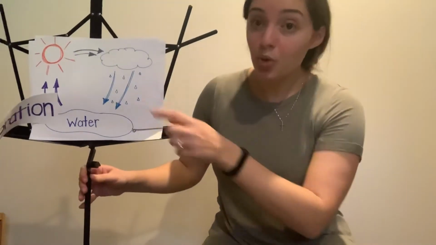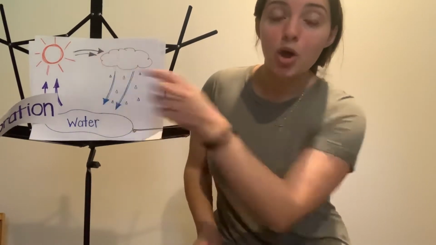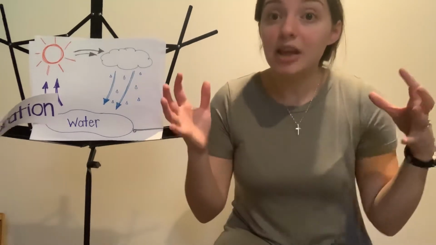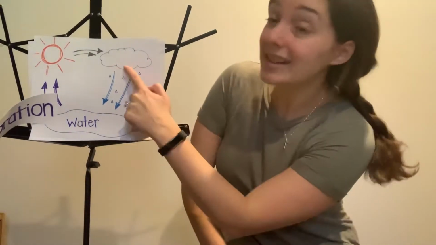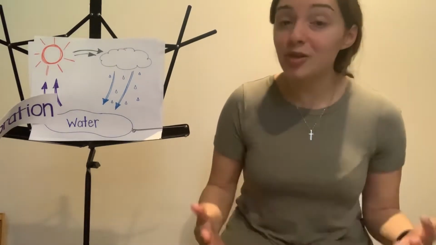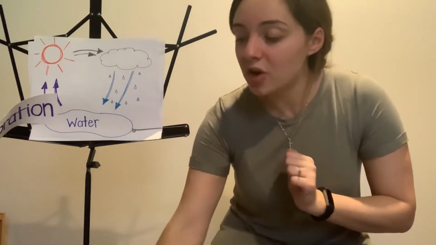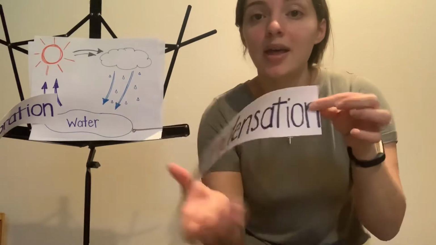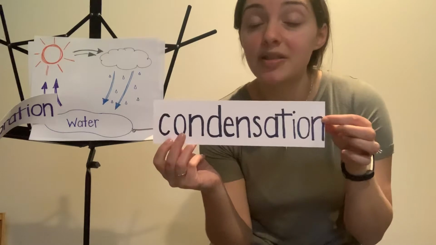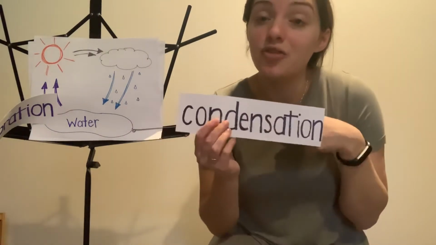Now, the water is in the sky. It has evaporated. It was nice and warm. When a bunch of water droplets all cool down together, they join together and they form a cloud. Clouds are made of water. Okay, and this process where the water droplets all join together and form a cloud, this is called condensation, right? Condensation happens when the water droplets cool down a little bit and all join together to form a cloud.